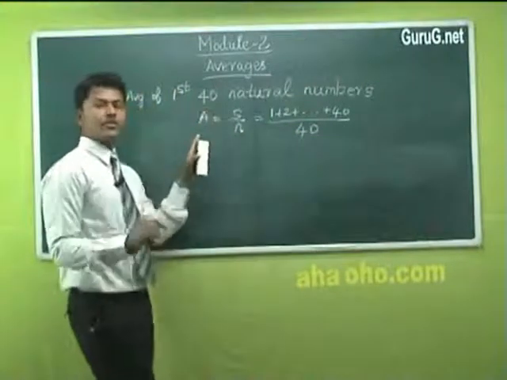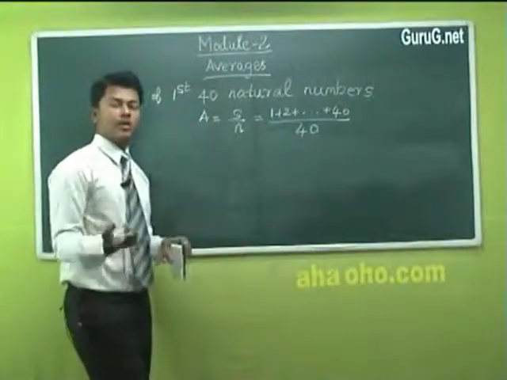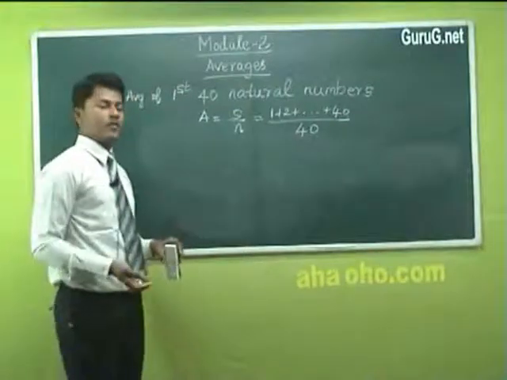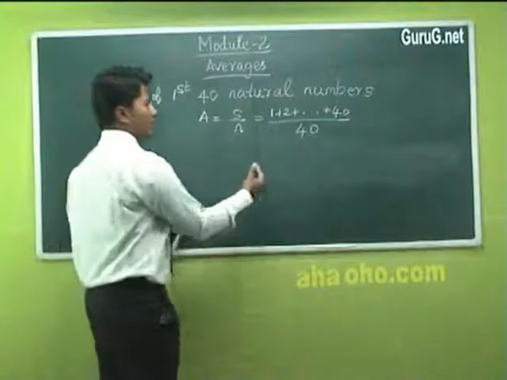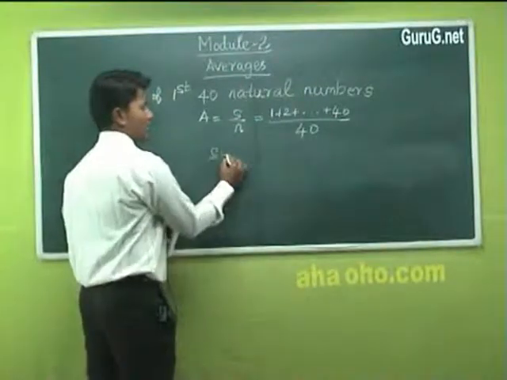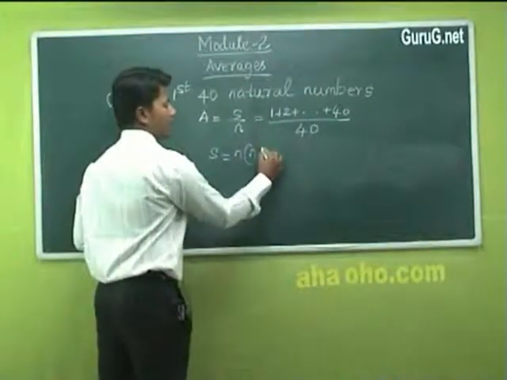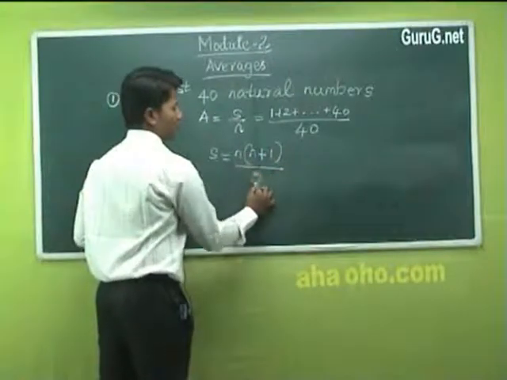In our basic arithmetics module, we have learnt a formula to find the sum of n natural numbers: S is n into n plus 1 by 2.